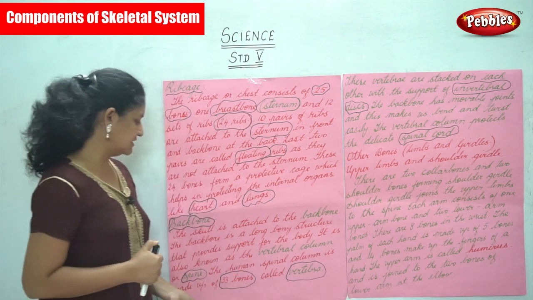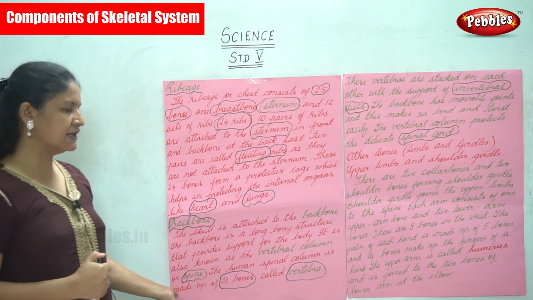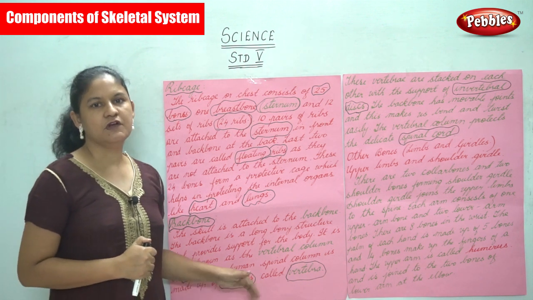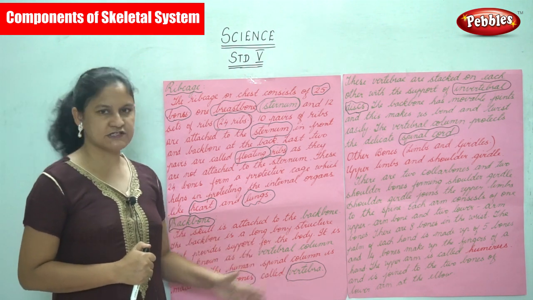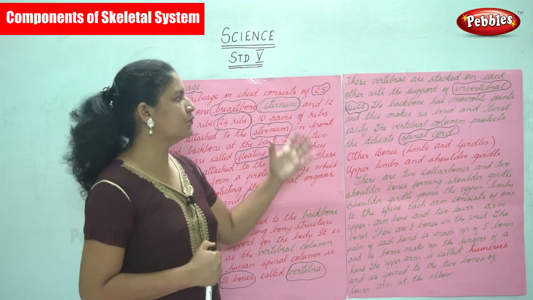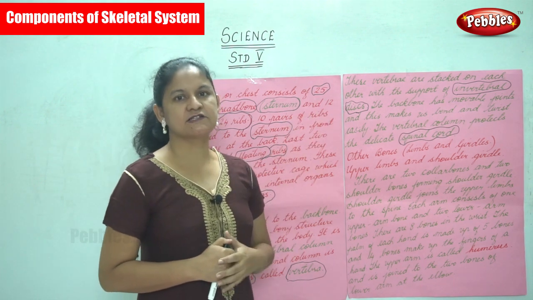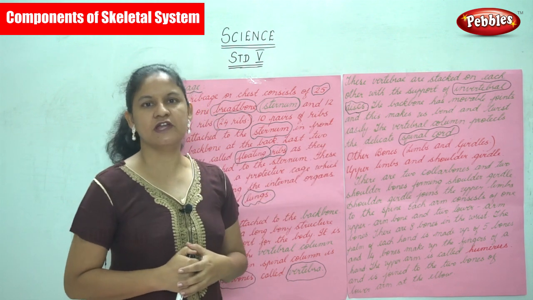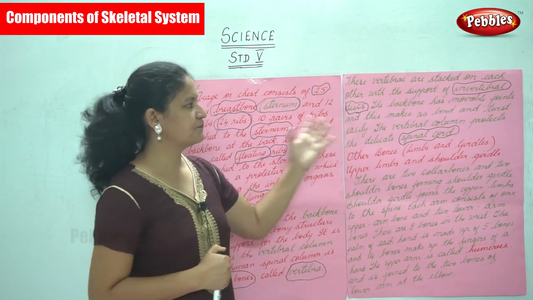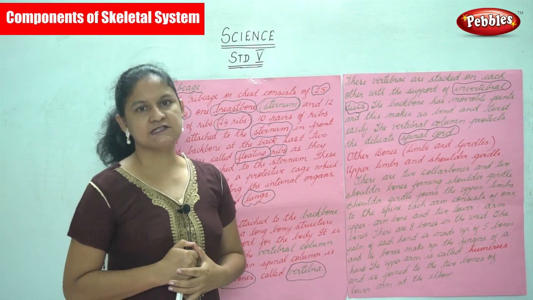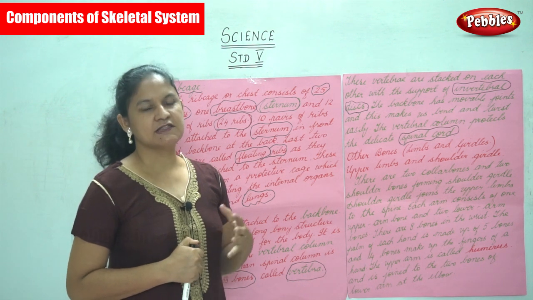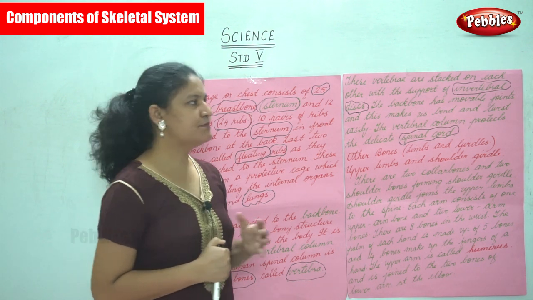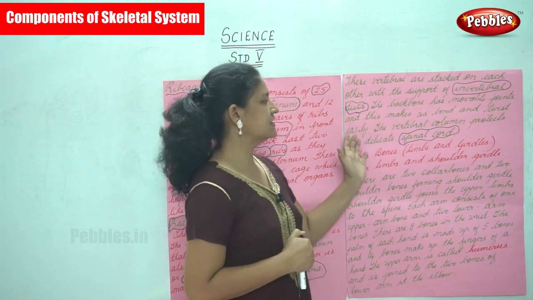So we've seen that the human spinal column is made up of 33 bones called vertebra, and these vertebra are stacked one on each other with the support of the intervertebral disc. The backbone has movable joints that enable us to bend and twist easily.